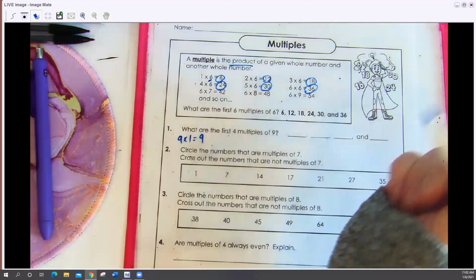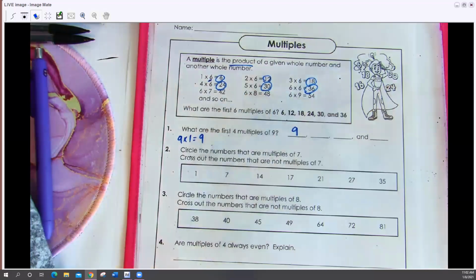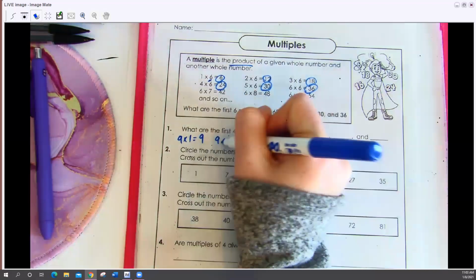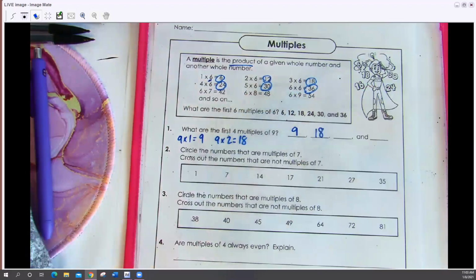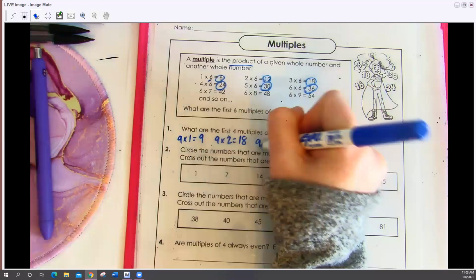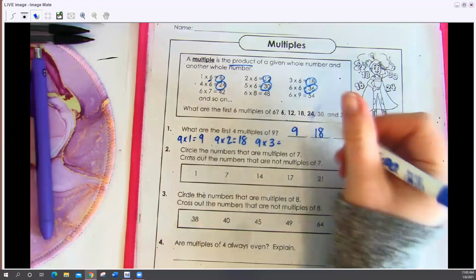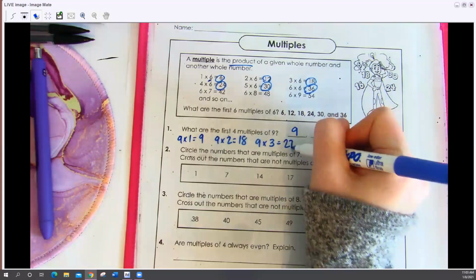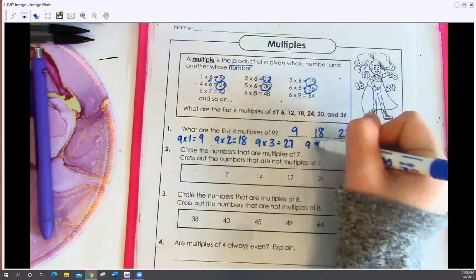So my first multiple of 9 is 9. 9 times 2 is 18. So 18. 9 times 3 equals 27. And 9 times 4 equals 36.